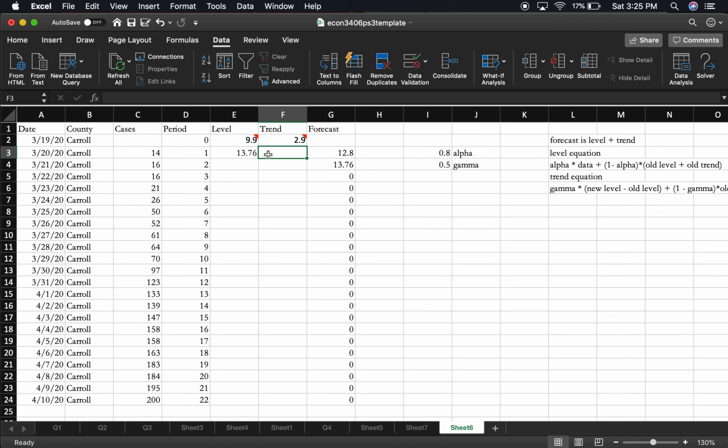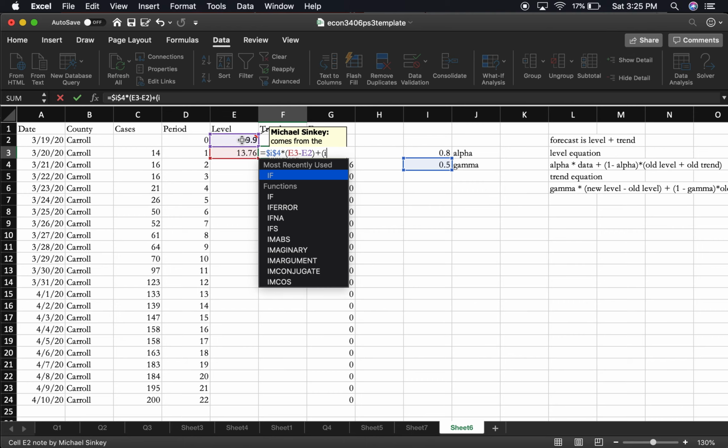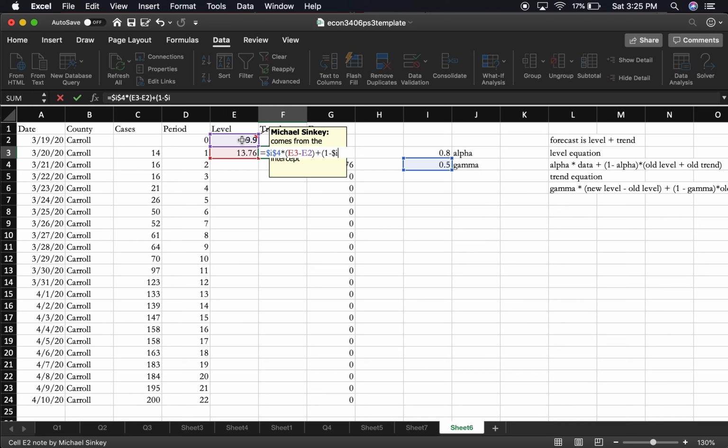So I have gamma, that's in I4, times the new level, which is in E3, minus the old level, which is in E2, plus 1 minus gamma times the old trend, which is in F2.